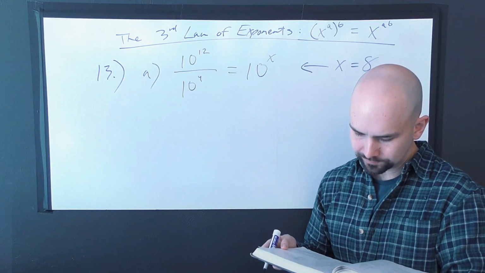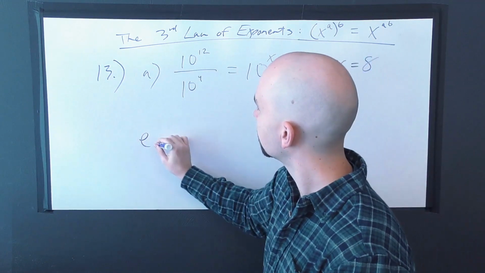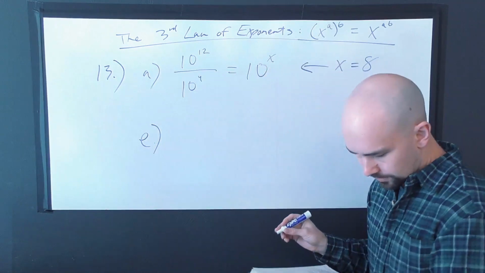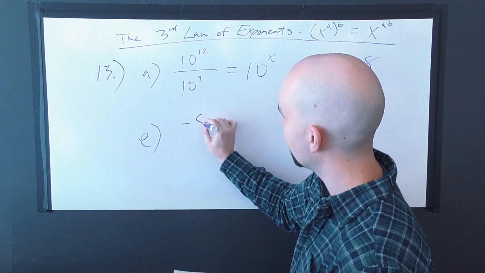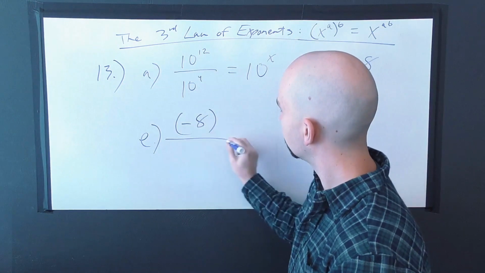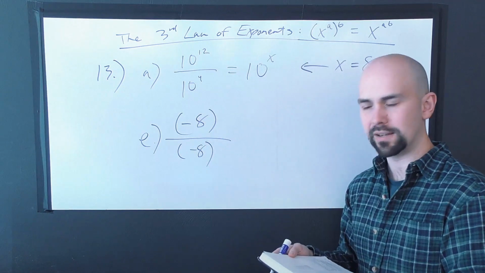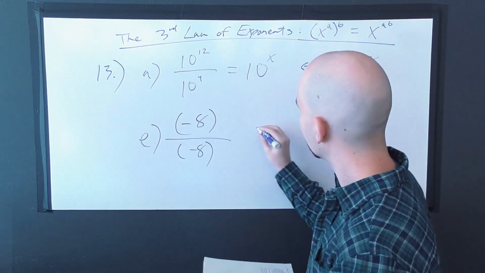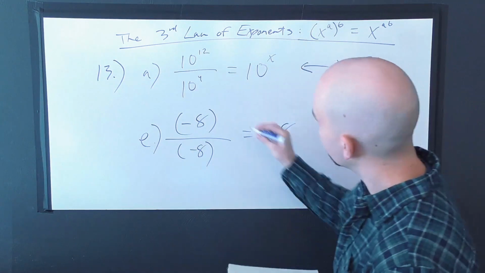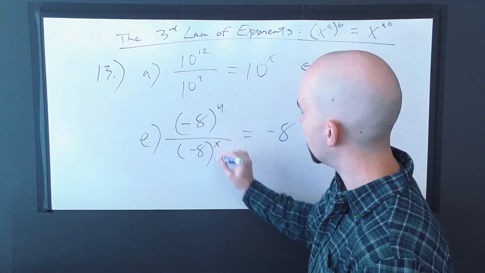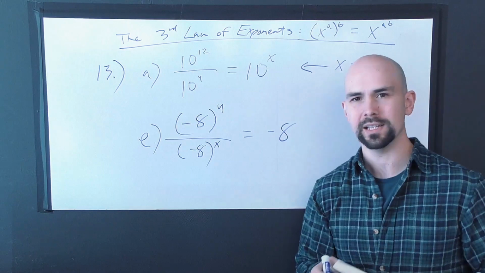Okay, let's do this one, e. E is a little scary looking, but it's actually not that bad. Remember, you don't have to solve these, you just have to figure out what x is. All right, and in the top, it's raised to the power of 4. In the bottom, we have an x. And then we just have no power specified here. What do we do with this?